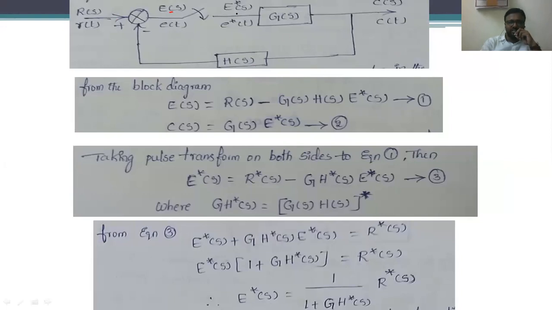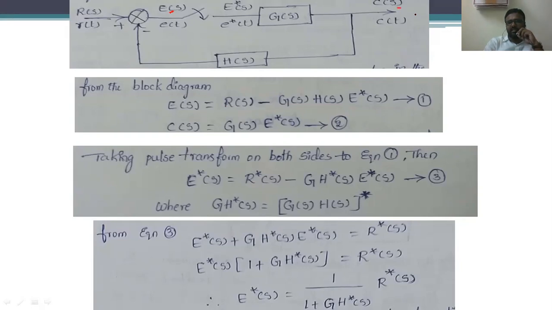That means E star of s is going to be multiplied with G of s and with H of s, and that product is subtracted from R of s. Therefore, E of s is equal to R of s minus G of s into H of s into E star of s.